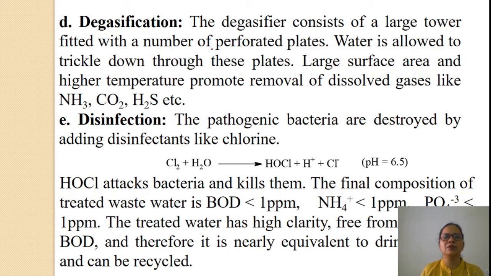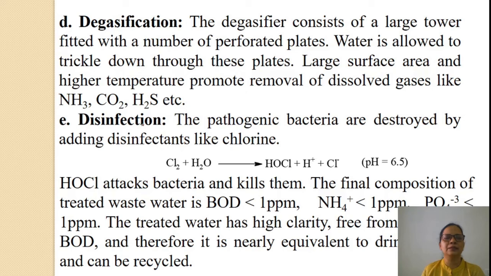So, a huge number of hot plates are used, perforated, which have pores. So, large surface area and high temperature promote removal of dissolved gases like ammonia, carbon dioxide, H2S. When water is falling through these perforated hot plates, the dissolved gases like ammonia, CO2, H2S will escape.